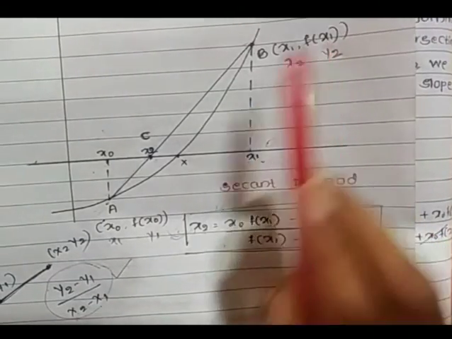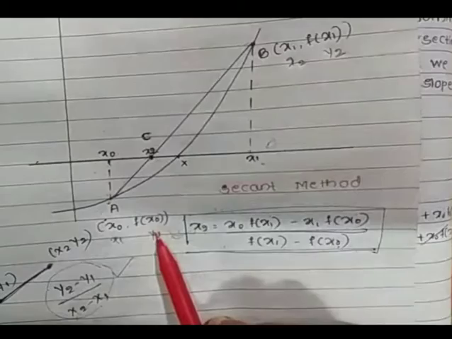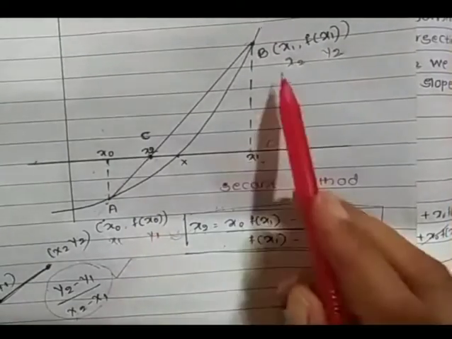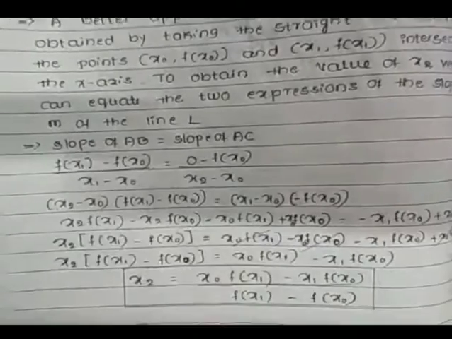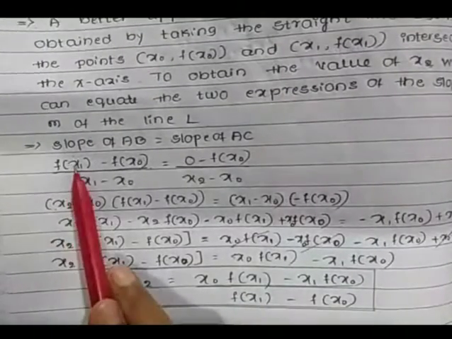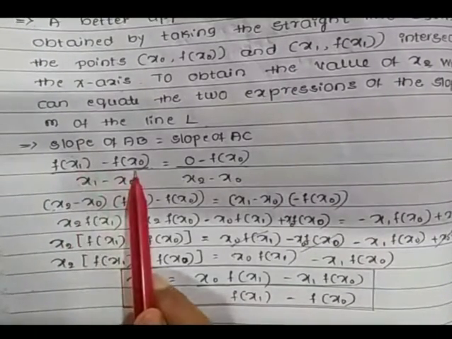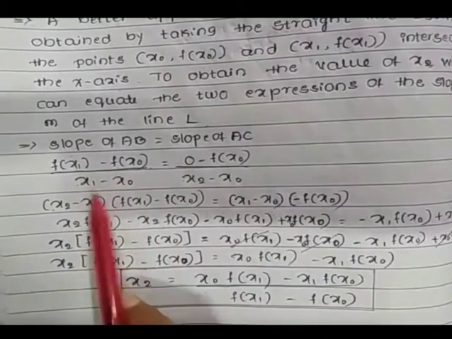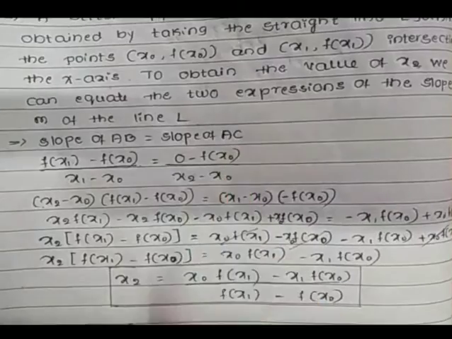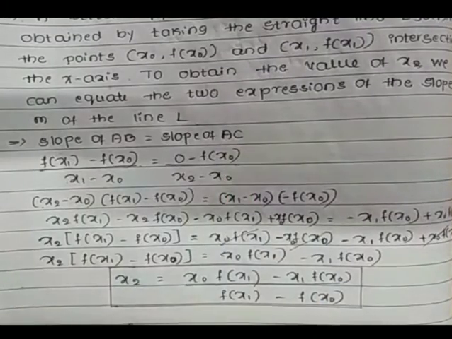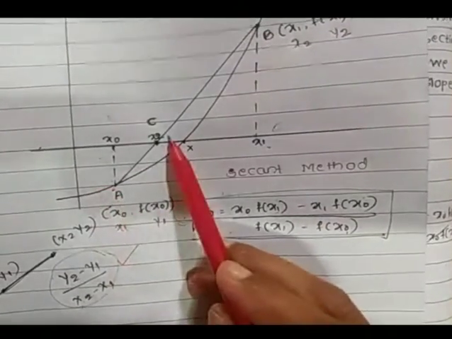So f of x1 minus f of x naught divided by x1 minus x naught. Then next we have the slope of AC. Now the slope of AC means only the A point and C point we have to consider.